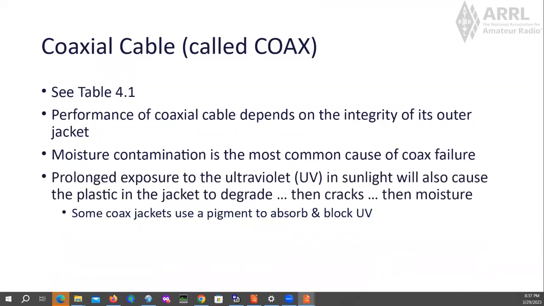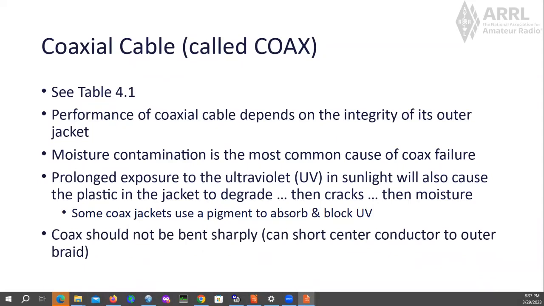Prolonged exposure to ultraviolet UV sunlight will also cause the plastic in the jacket to degrade, then cracks, then moisture. Some coax jackets use a pigment to absorb and block the UV. Coax should not be bent sharply. It can short center conductor to outer braid. It may not do it right now, but over time that stuff can migrate to the outer if it's bent sharply.